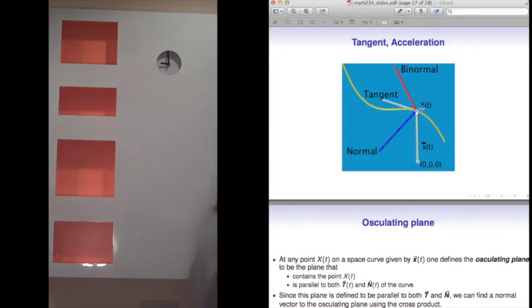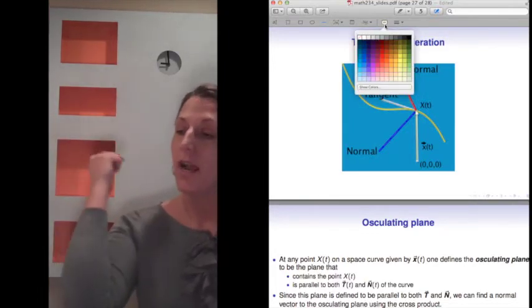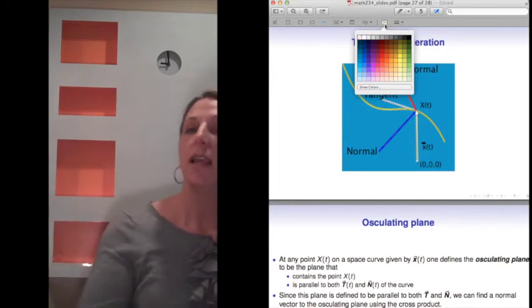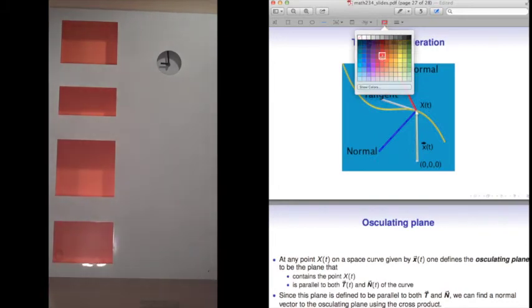And so I have some point x of t at which I'm going to calculate all the quantities that we've discussed on the board. Right, so to get the tangent vector, I differentiate with respect to t and divide by the length. So it's a unit vector in the direction of the velocity.